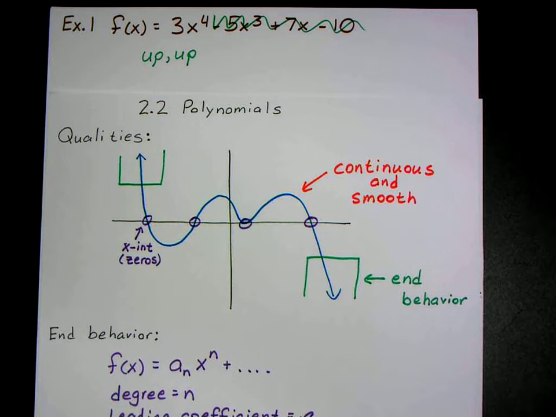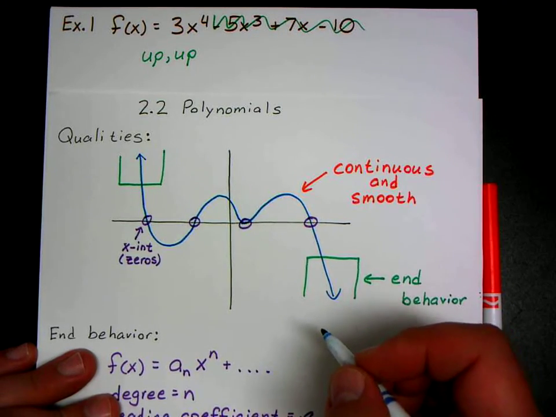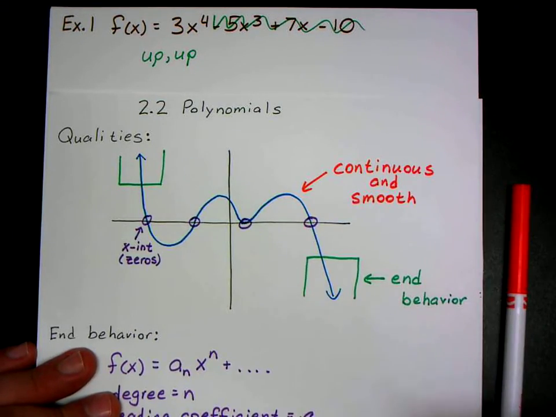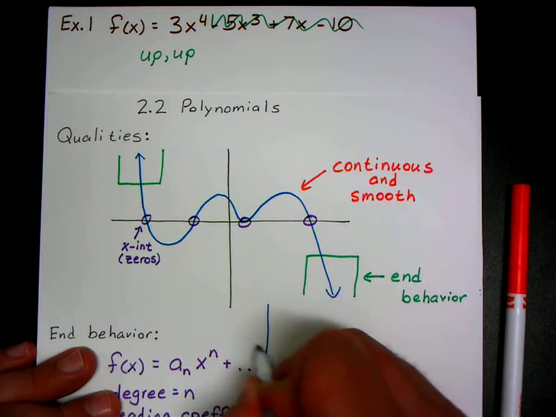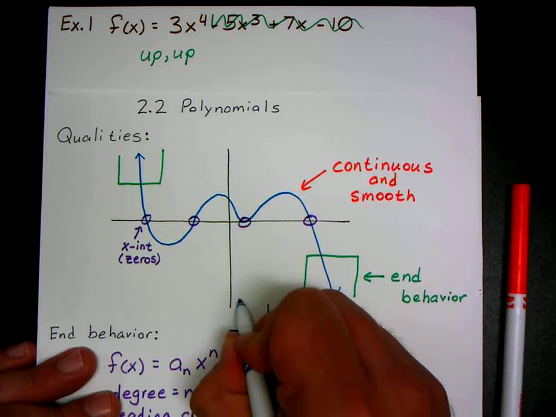What happens if you have a zero that's an imaginary number? Well, if you have a zero that's an imaginary number, it's not an x-intercept. It creates a curve that is up here.